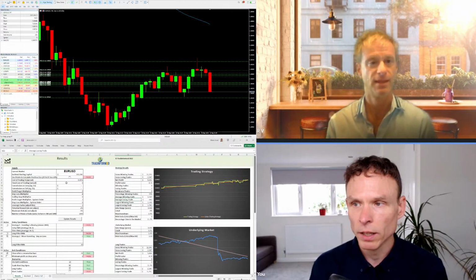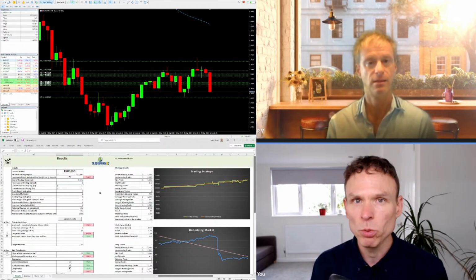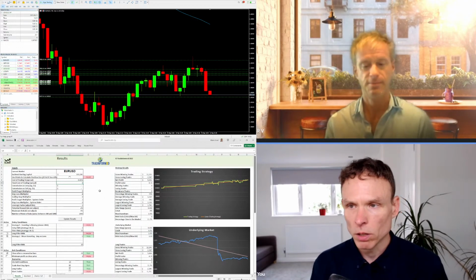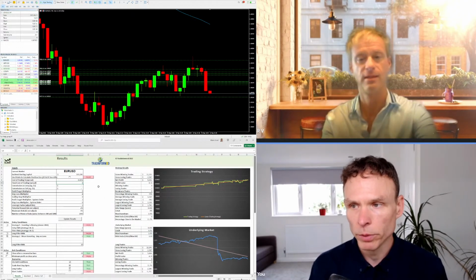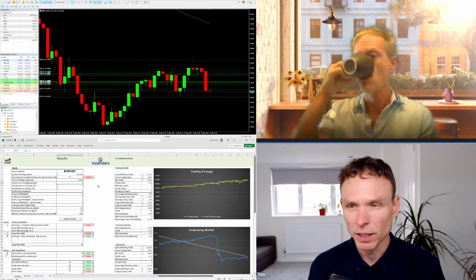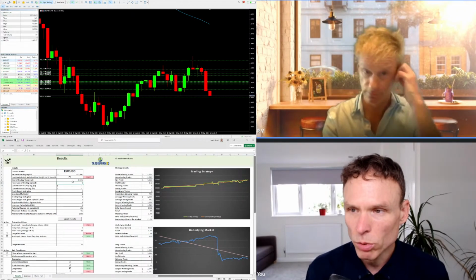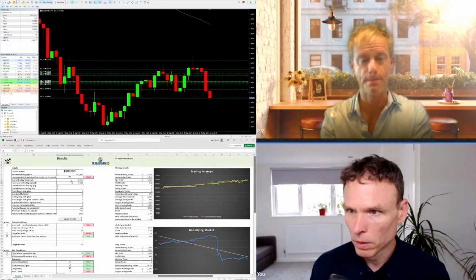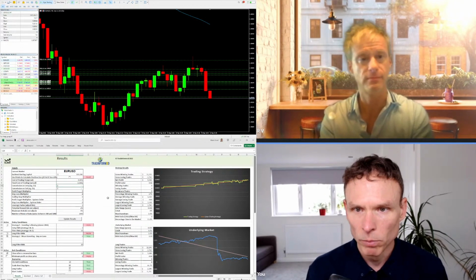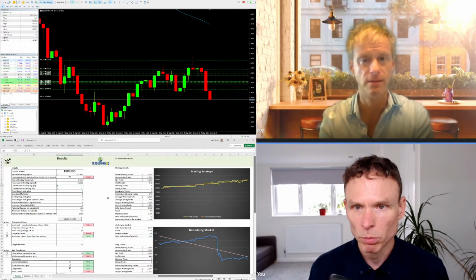Fixed cost of trading, a spread would be probably the best way to do it for a currency pair which has got a pretty low spread. The spread for the US dollar is tiny now. So you would just put that in here, whatever is appropriate with your broker.